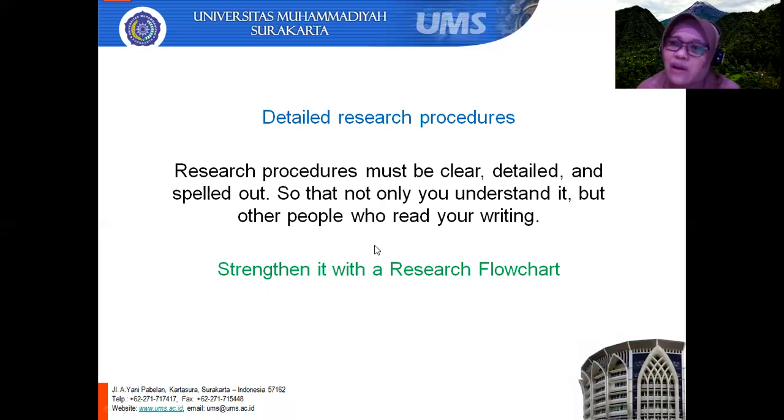And for our expertise in engineering, or maybe software engineering, it will be stronger if we deliver our research method with a research flowchart, diagram, or feature.